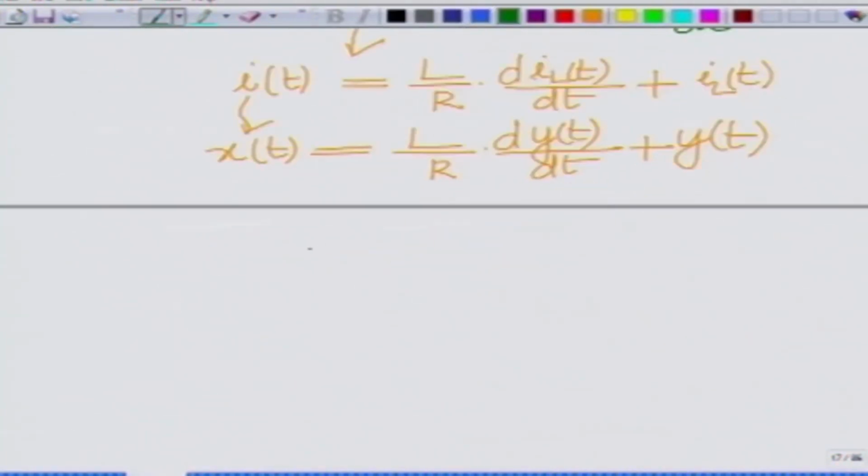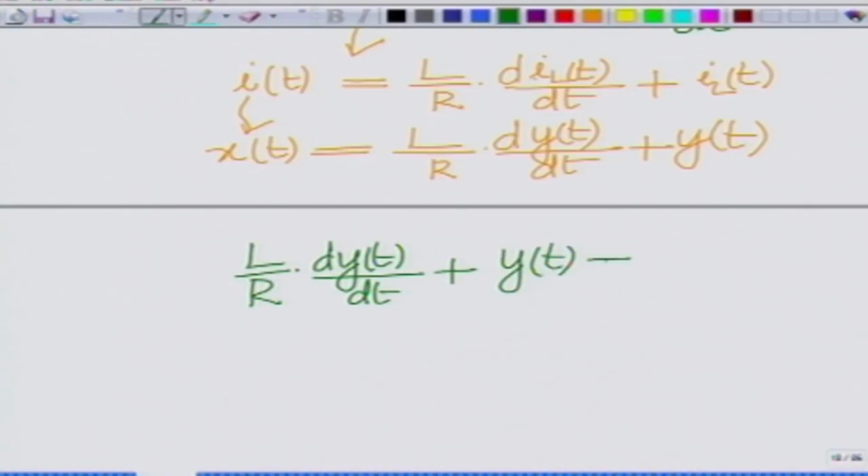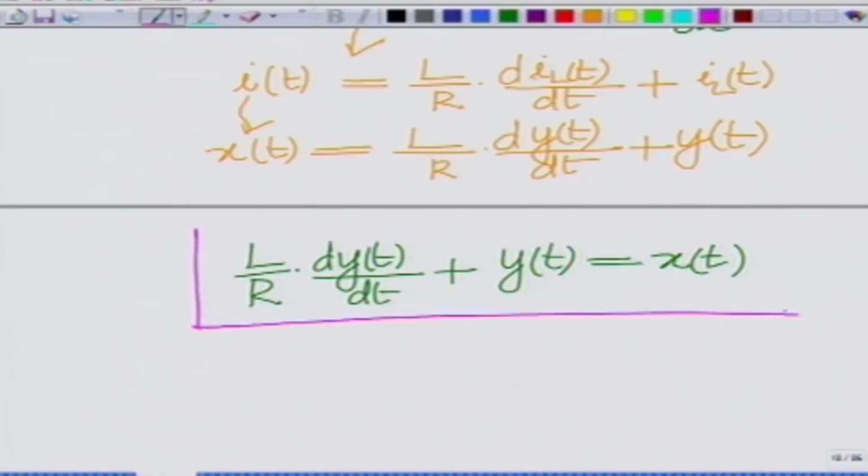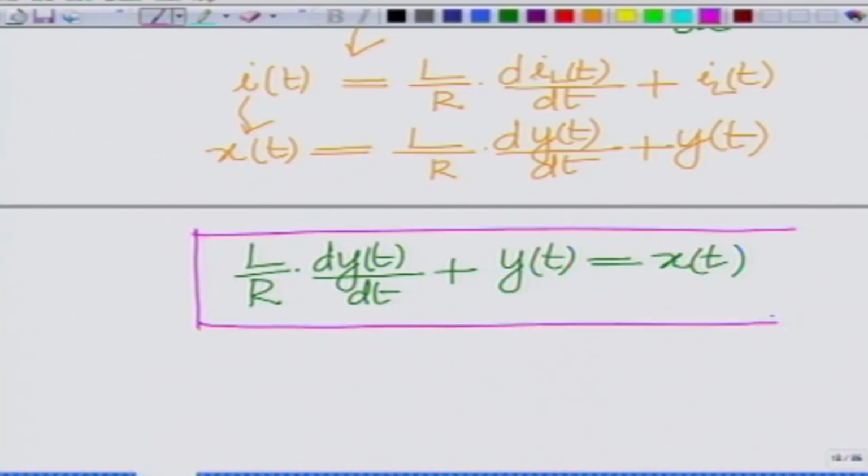You can write it as L by R dy(t) by dt plus y of t equals x of t. This is the input output relation, which you can observe here is expressed as a differential equation, which is something very interesting.